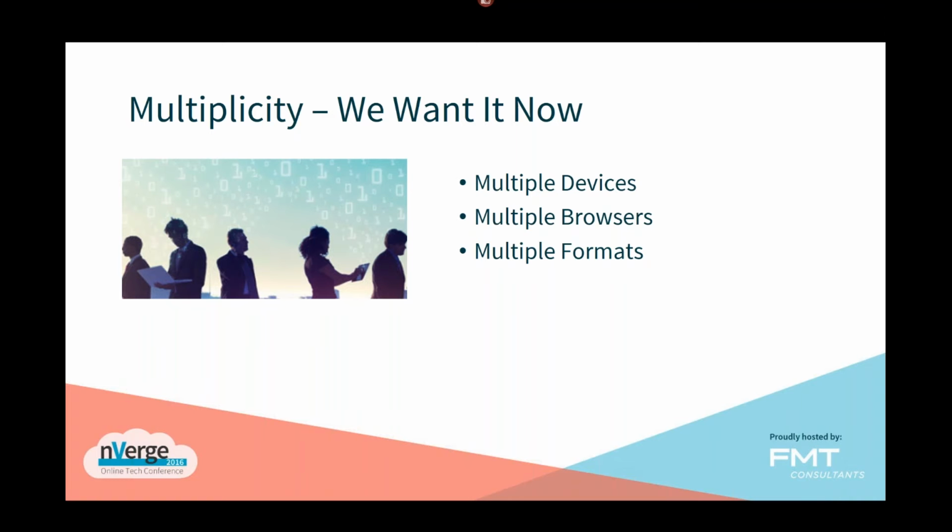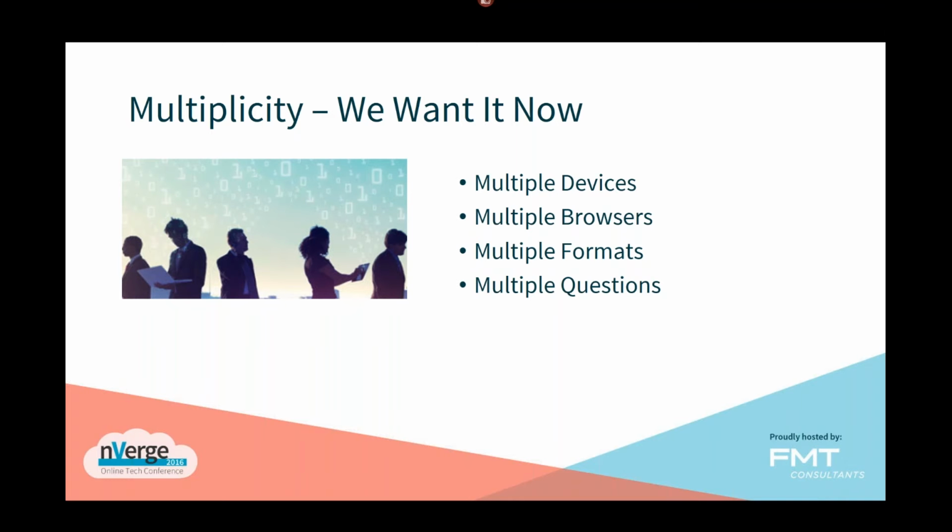But then multiplicity, we want it now. So again, multiple devices. Everybody has a laptop or an iPad or some other tablet or even different types of phones, whether it's an Android phone or an iPhone. Multiple browsers now. Not everybody's using Internet Explorer. There's also Edge, there's Chrome, and different types of browsers, and from different types of machines as well, whether it's a Mac or a Windows-based machine.